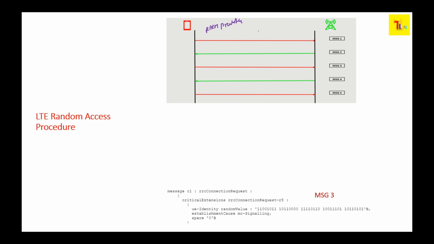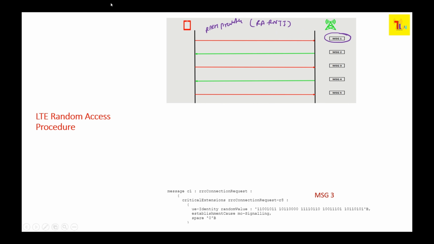It will select one, carrying the RA-RNTI, and that RA-RNTI will be decoded by your eNodeB. So this is the first message, or message 1, which is sent from the UE to the eNodeB.